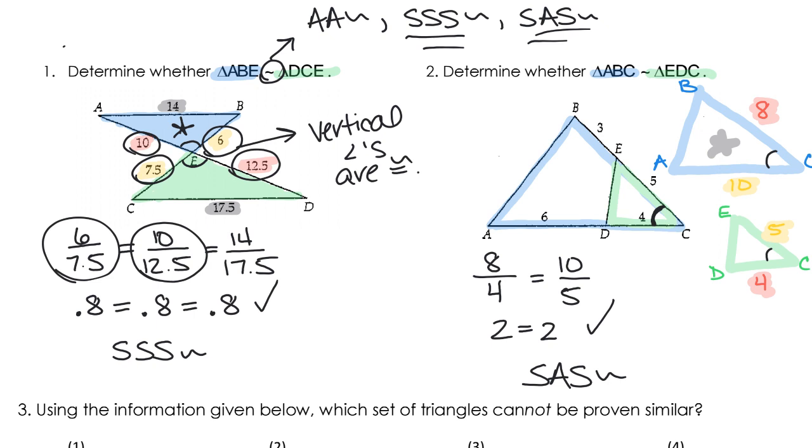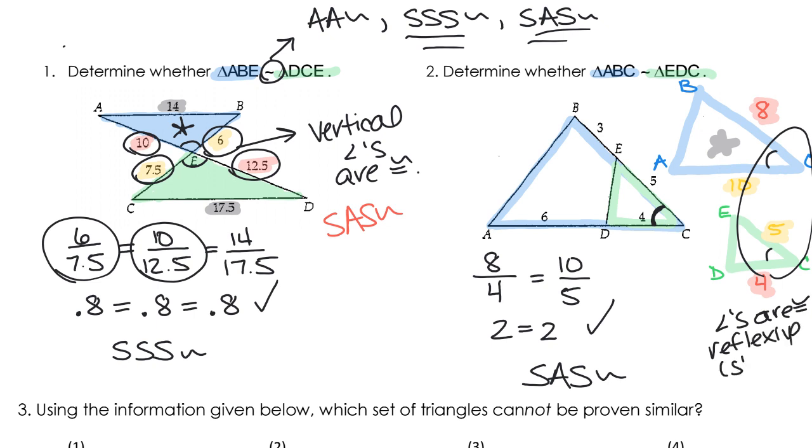And then you could have also said that these triangles were similar by side angle side similarity, because that vertical angle would have been between those sides. All right. And again, over here, we should mention that these two angles are congruent because it's reflexive or shared.